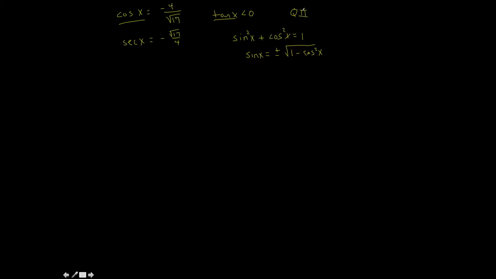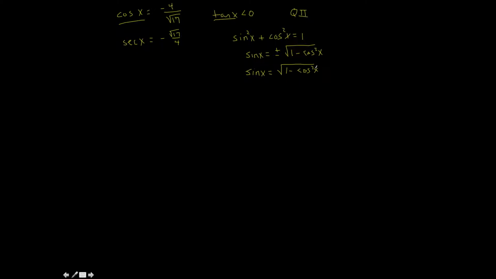And so because of this, what is sine in quadrant 2? In quadrant 2, the value of sine is always positive. So we're going to use the positive version of this instead of the negative version.